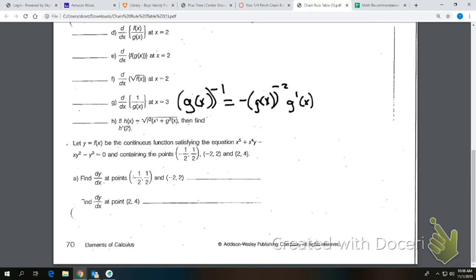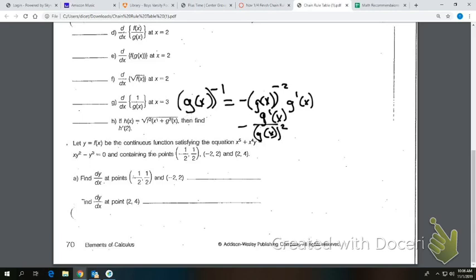From here, this would become negative. I'm going to do 1 over g of x raised to the positive 2 with the g prime of x in the numerator. And then I'm finding it for what value? Finding it for 3. Oh shoot, I can't see my table.